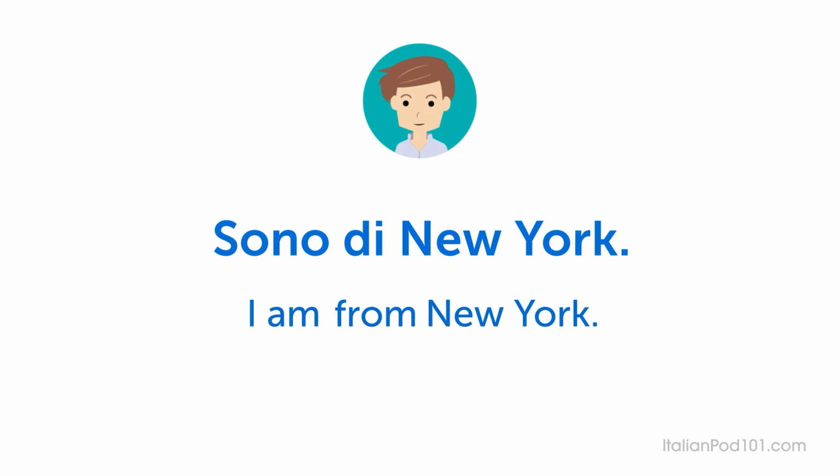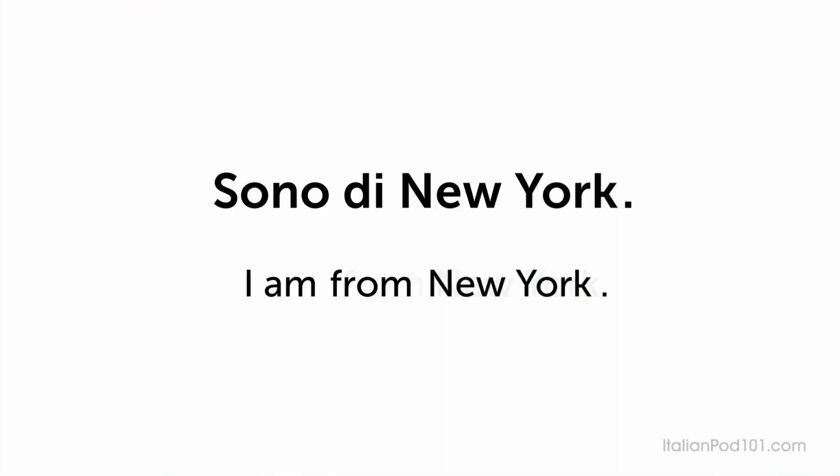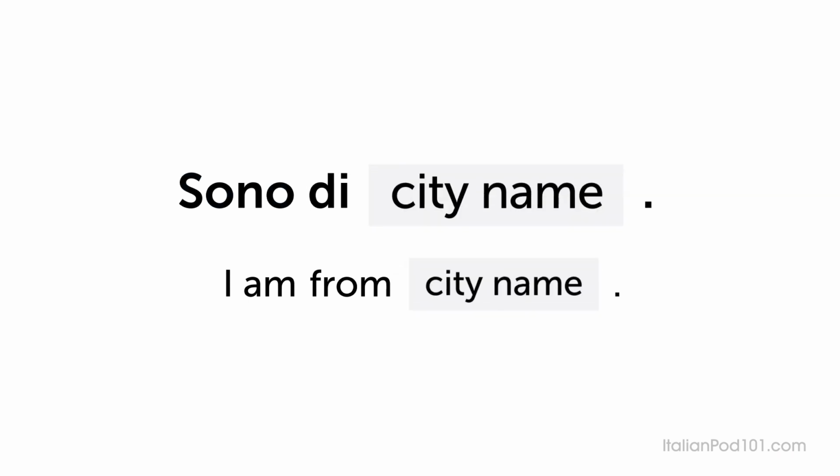I am from New York. The pattern is sono di, city name, I am from city name. Note, this pattern works only with the names of cities, villages, or towns.